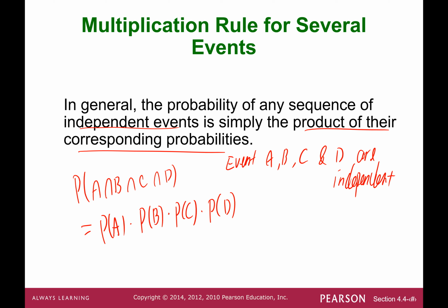For example, let's say you flip a coin 4 times. Find the probability of getting 4 heads in a row.